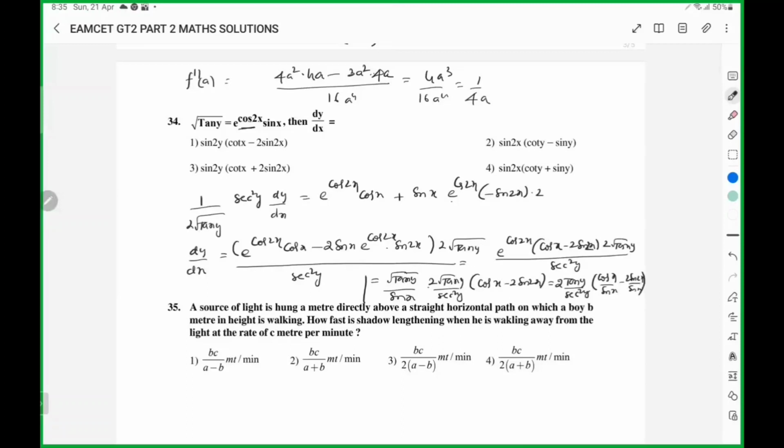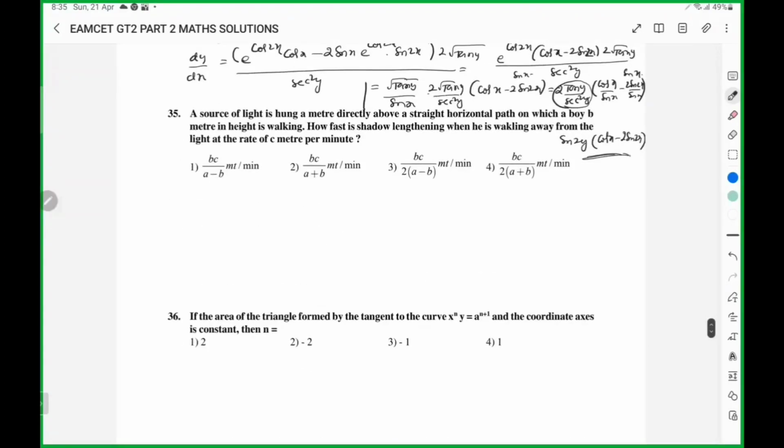This whole thing is sin 2y cot x. It is sin 2 into 2 sin x cos x. Here sin x into sin 2x, right? Sin x into sin x get cancelled out. 2 sin 2x left over. First option.